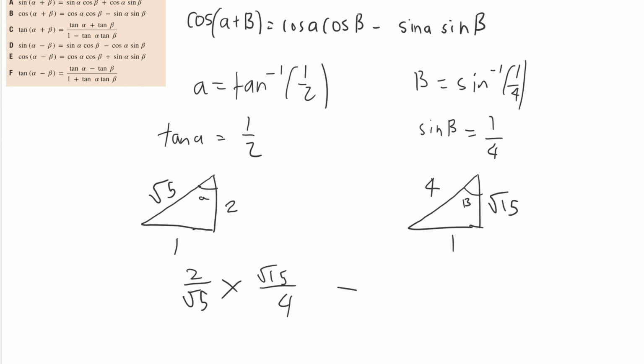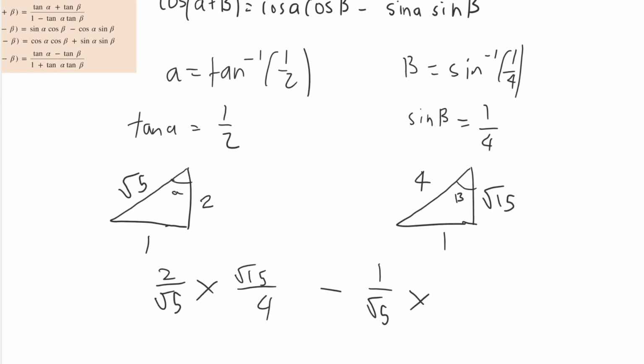Minus sine alpha, we go back to our alpha triangle over here, which is 1 over root 5, times sine beta, we go back to our beta triangle, and it's opposite over hypotenuse, so it's 1 over 4.